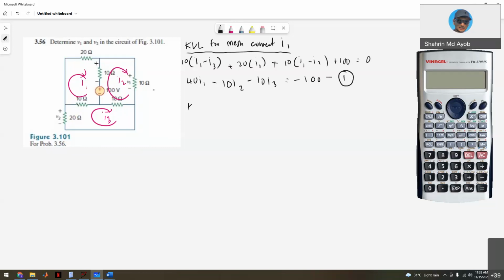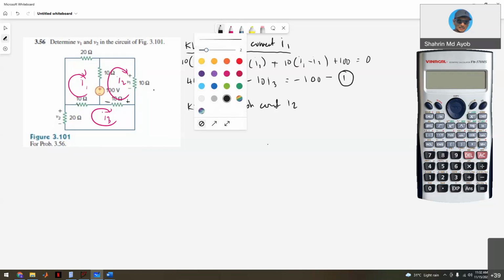Okay. And then KVL for mesh current I2. So for mesh current I2, we start with this one. So the positive terminal like this, meaning that the current is entering, the I2 is much bigger.